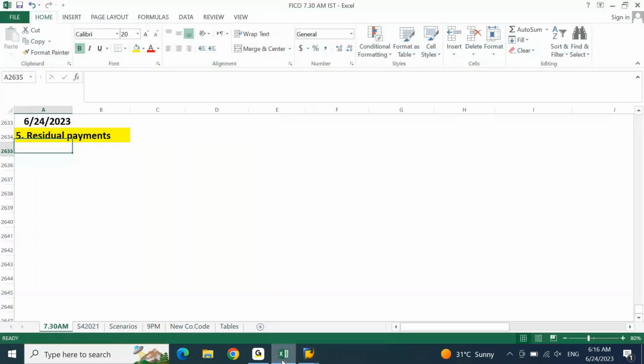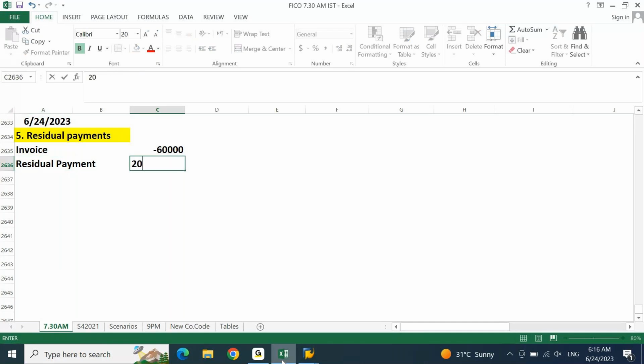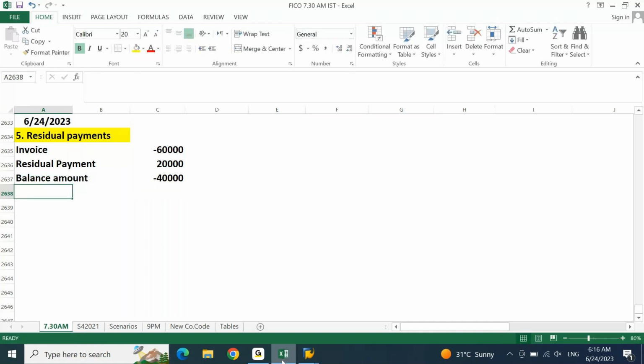Here I'll put invoice amount is 60,000, credit balance, and I'll make a residual payment of 20,000. If I make the residual payment of 20,000 against an open invoice of 60,000, there will be a balance of 40,000.